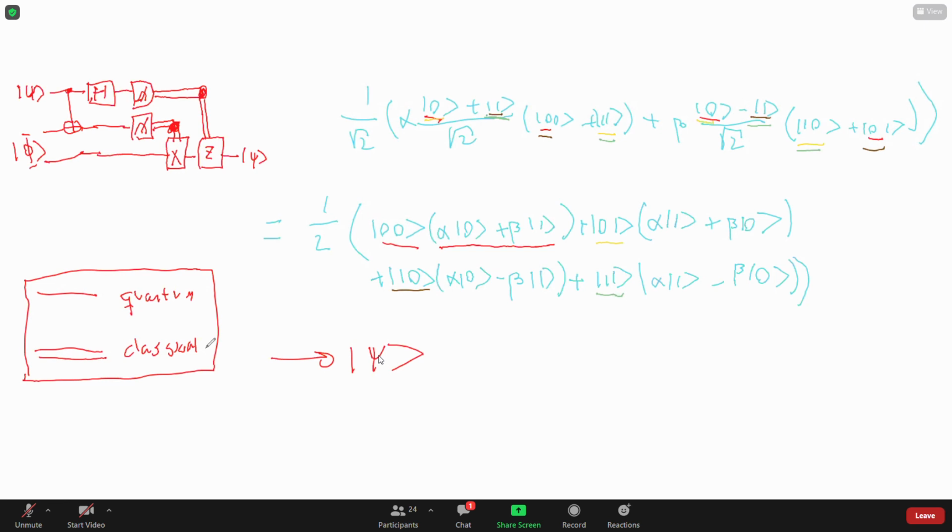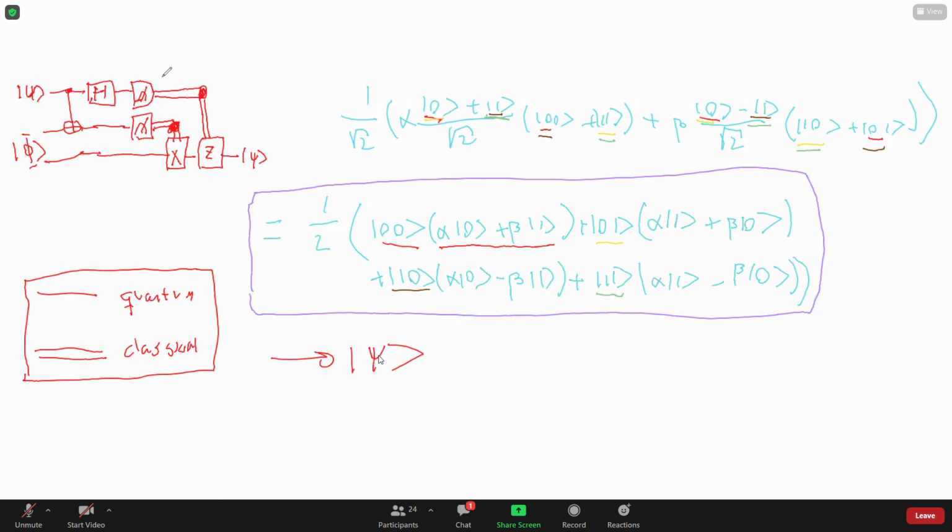The first answer is that if you take the state that we have here before we use the classical information, this state that I drew here, that's the state essentially at this point.